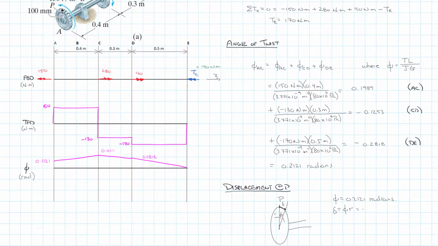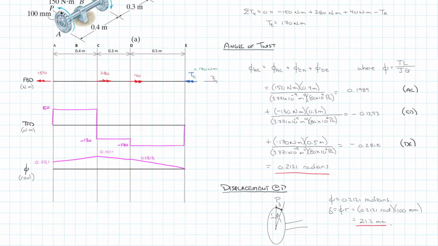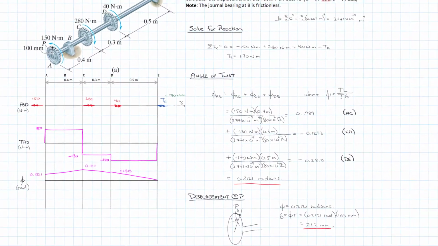And so that is equal to 0.2121 radians multiplied by our radius of 100 millimeters, given in the diagram. And that gives us a total displacement of the tooth at P of 21.2 millimeters. And so let's just note our major solutions here, and that's it.